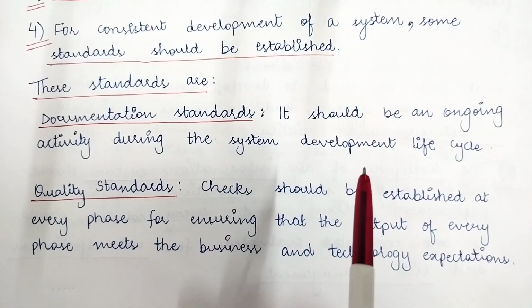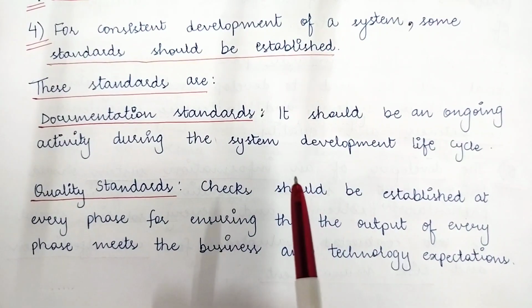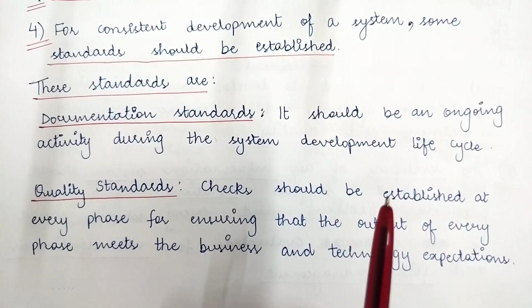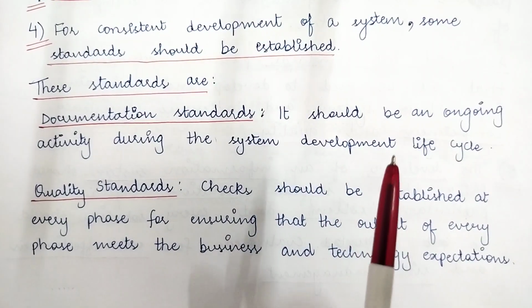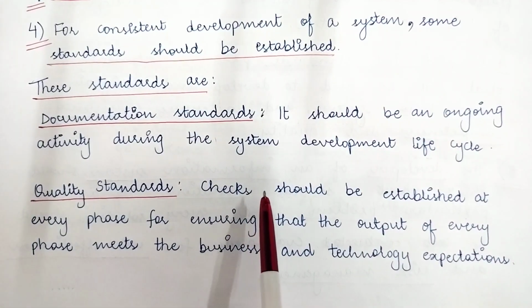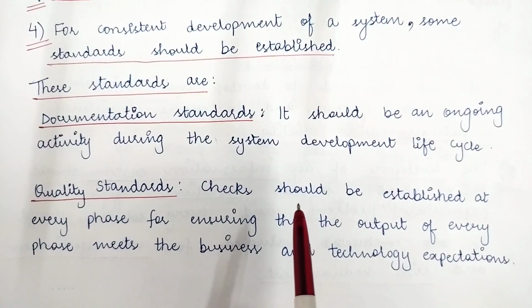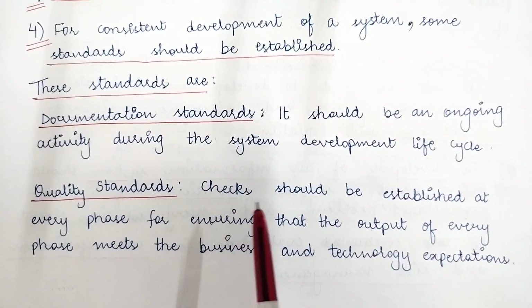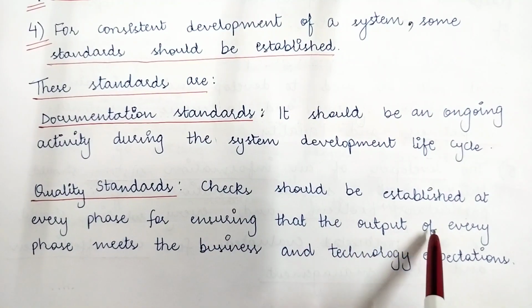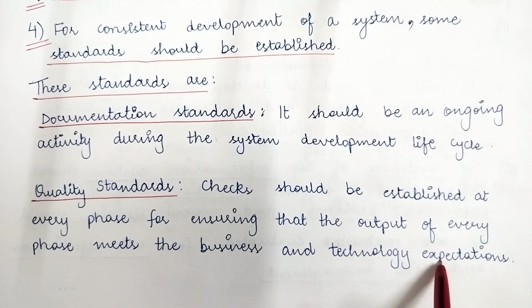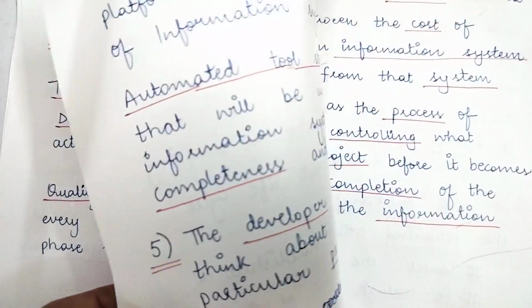So before actually doing the system testing or the software testing, you must ensure checks at each and every phase individually also, because if there is any flaw at even a single phase, the final software will have flaws in it. So it is equally important to check each and every phase so that you can ensure that the output of every phase meets the business and technology expectations.